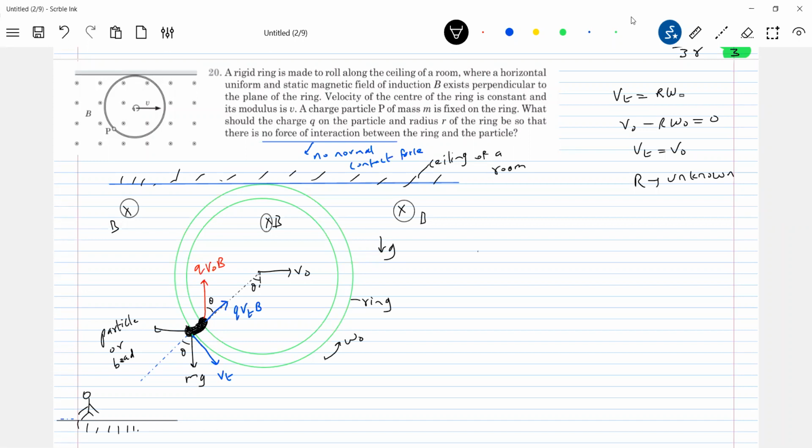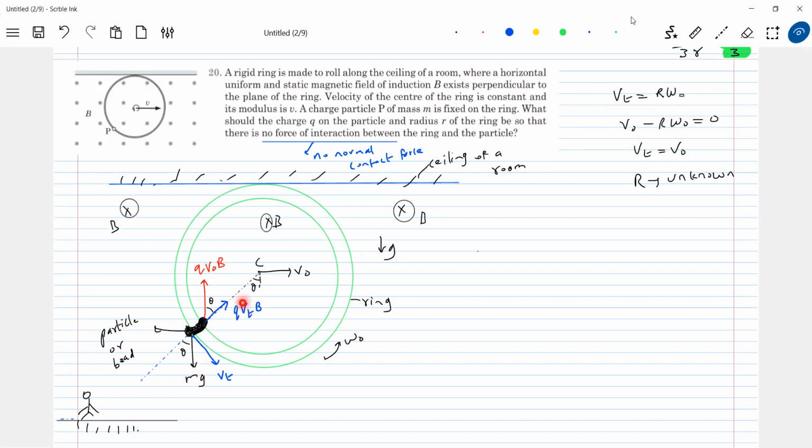So what is the path of the particle as seen by the person on the ground? Shall I equate these two forces? QV0B equal to mg.